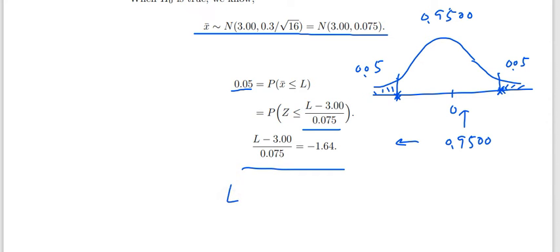Then we can find this L. L equals 3.00 minus 1.64 multiplied by 0.075, right? So the cutoff point should be this number.